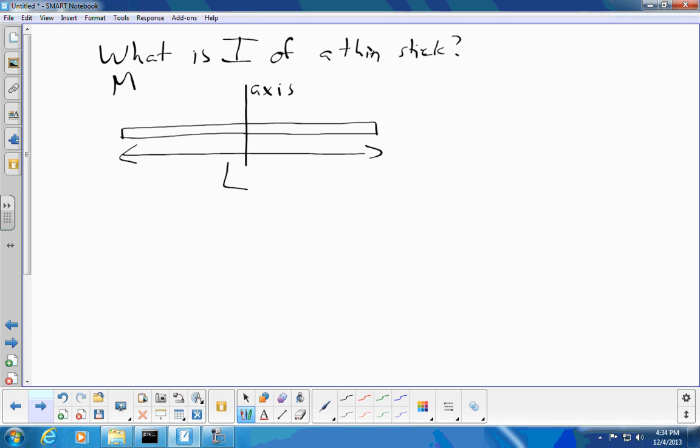Okay, how do I do that? Well, I use the formula. But the only formula I have so far is mr squared, which applies to a point mass. And there's actually a very interesting calculation done in your textbook at the beginning of section 9-3, where they take the stick and divide it into thirds and treat each third as a point mass and come up with the moment of inertia.